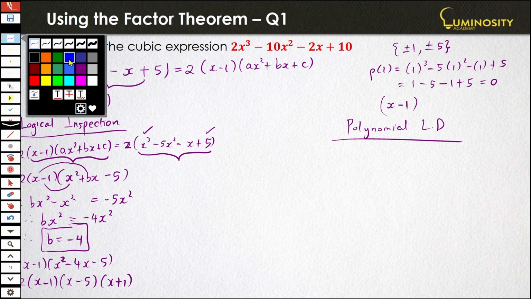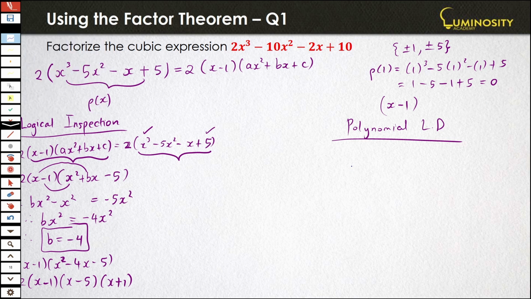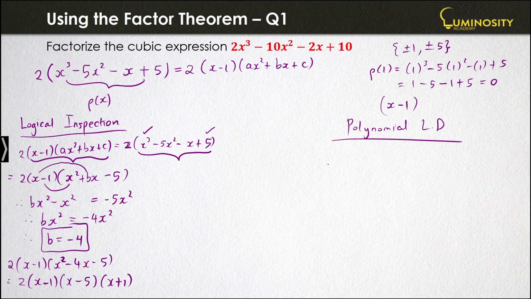Now let's try polynomial long division to confirm this. x minus 1 is the factor, so that's the divisor, and I'm dividing it into the cubic expression x cubed minus 5x squared minus x plus 5. If I do x squared on the top, I'll have x cubed minus x squared.